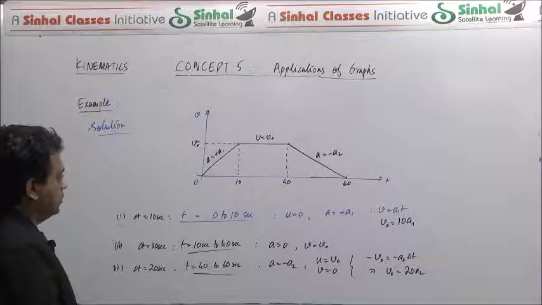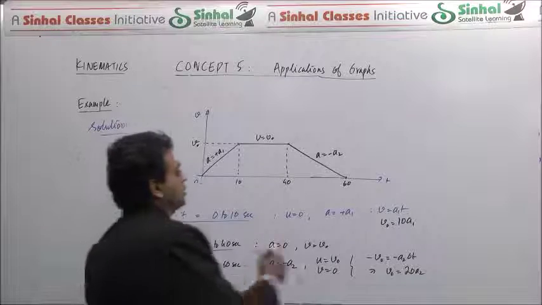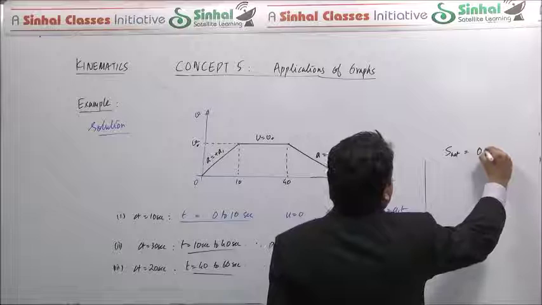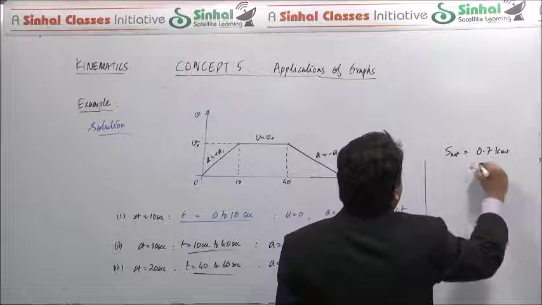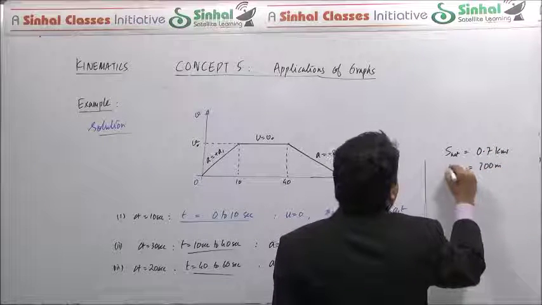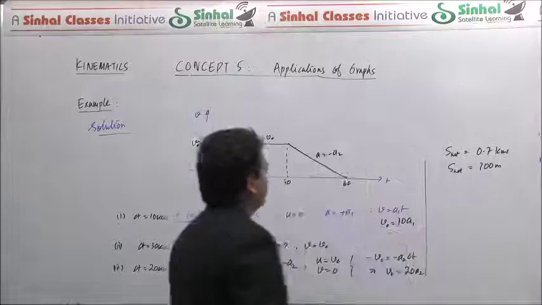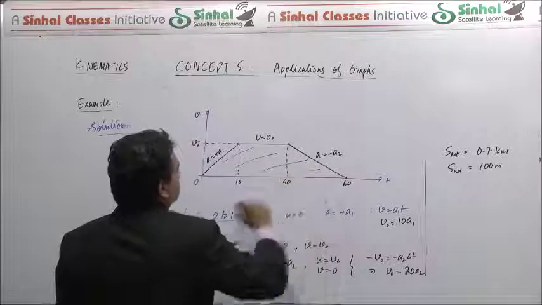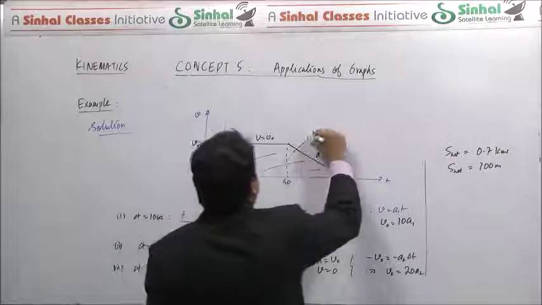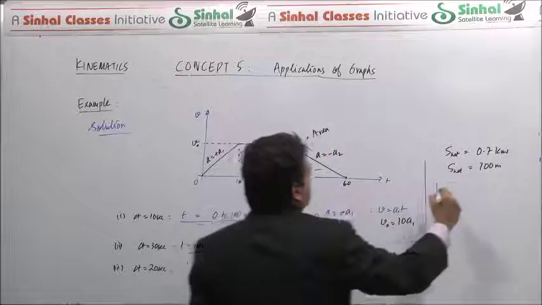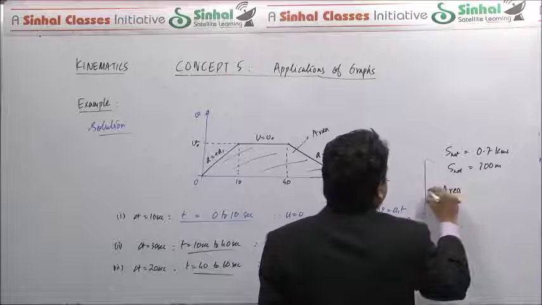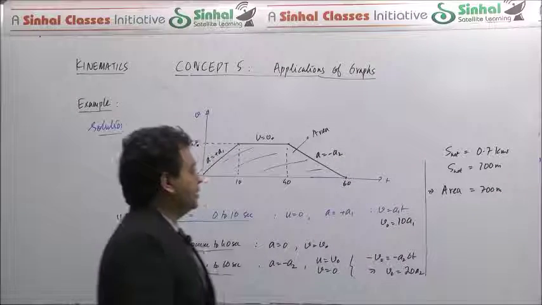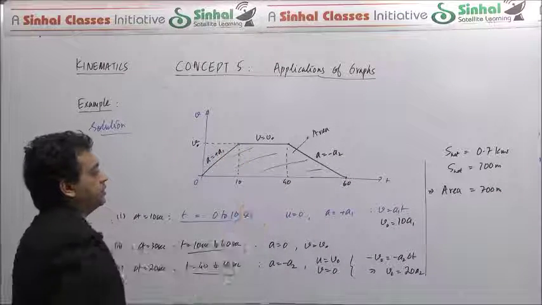Now the total displacement is 0.7 kilometers or 700 meters. So what does that tell us? That tells us that this area is 700 meters. So we can relate the area of the trapezium with 700 meters.